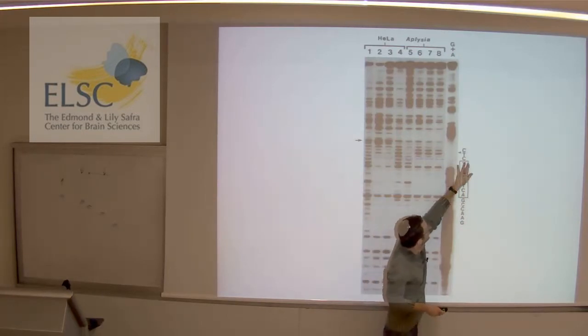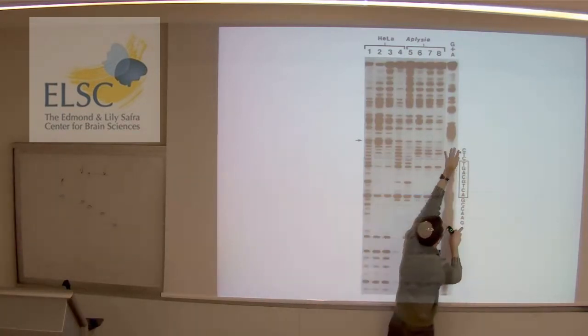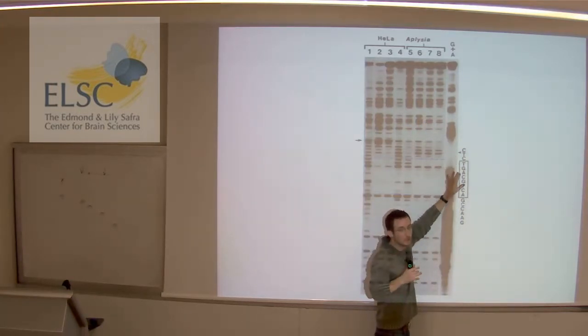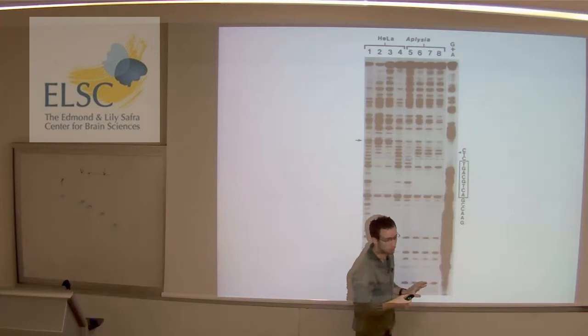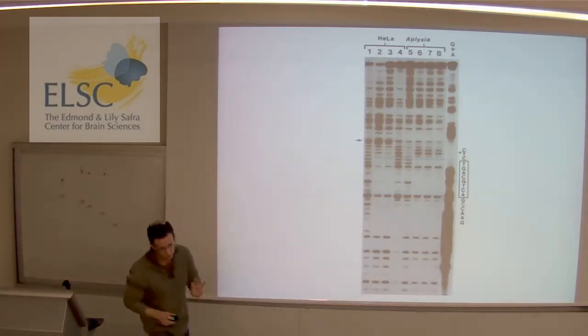And so this is the CRE element, and this is the sequence right before and after. No, sorry. This is the CRE. The whole sequence is the CRE element, and the rectangle represents the already known binding site for the CRE element from other organisms and from other experimental systems.